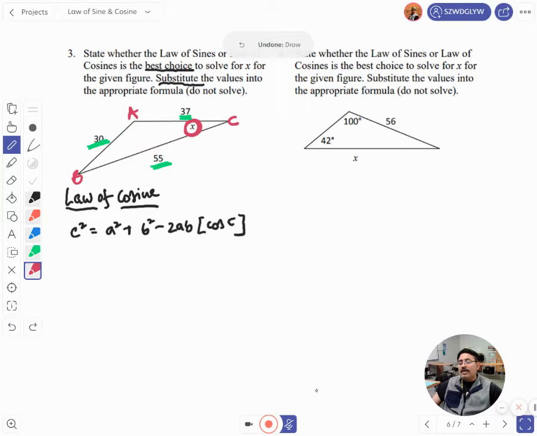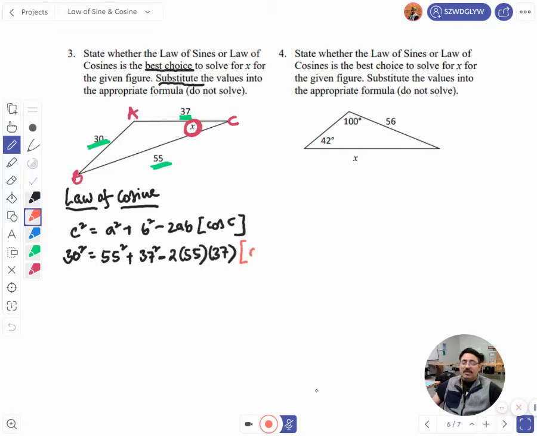So C squared, which means 30 squared here, equals a squared, the side opposite to angle A, which is 55 squared, plus b squared, the side opposite to angle B, which is 37 squared, minus 2 times the a value, the b value, times cos C. The value of C is x.